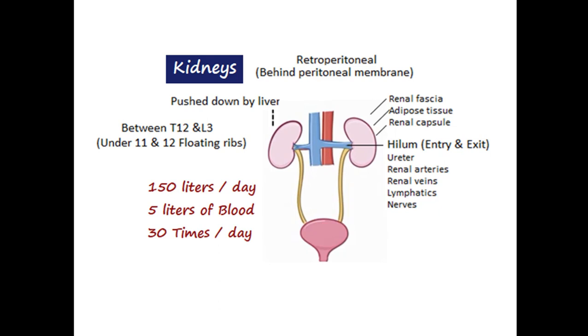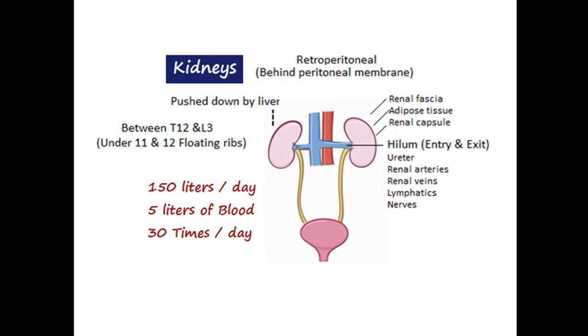Anatomically, the kidneys are situated in relation to the vertebral column between the thoracic 12 and lumbar 3 vertebrae. The kidneys are partially protected by the floating ribs, which are rib 11 and rib 12.